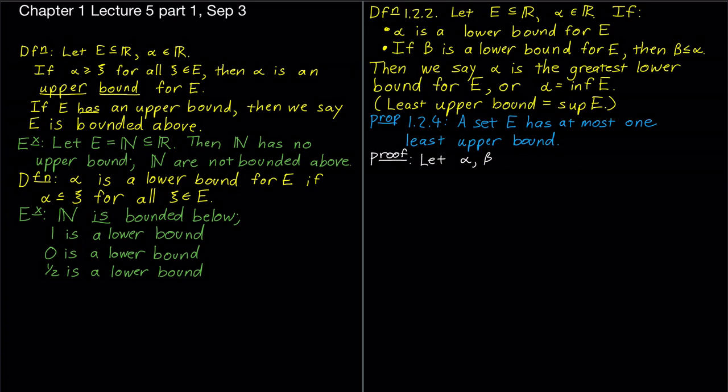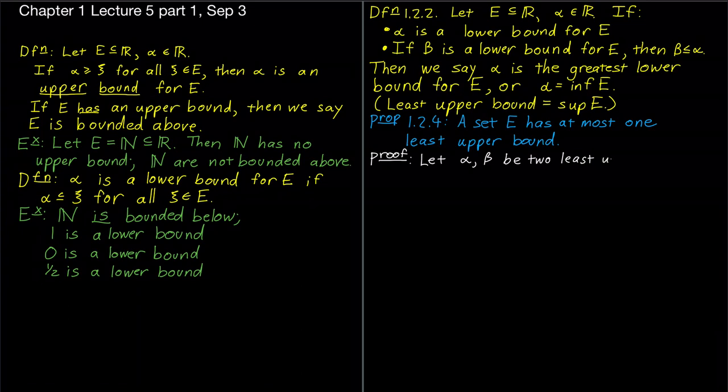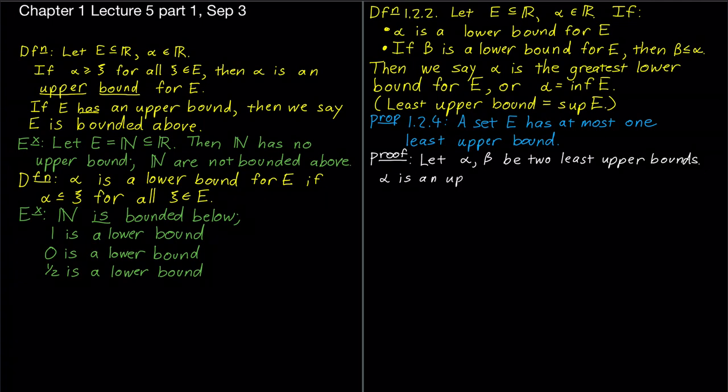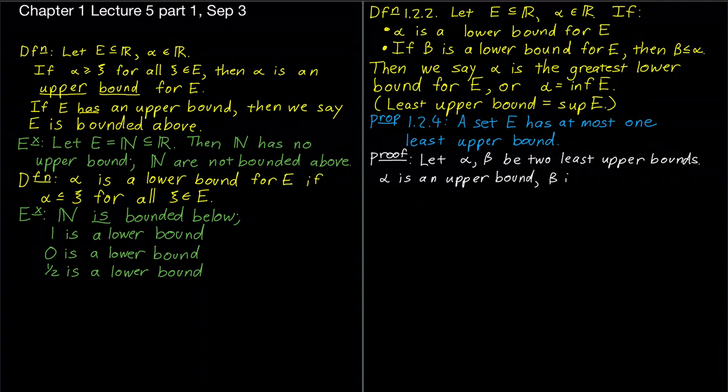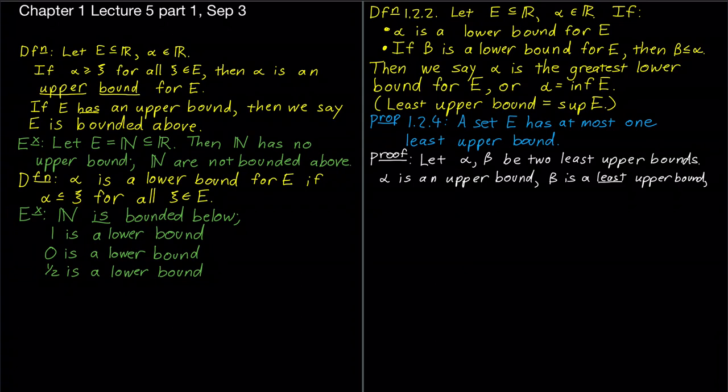Let alpha, beta be two least upper bounds. So alpha is an upper bound. Beta is a least upper bound. So that means beta is the smallest of the upper bounds. In particular, it's smaller than alpha.